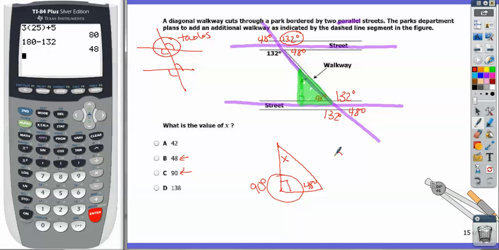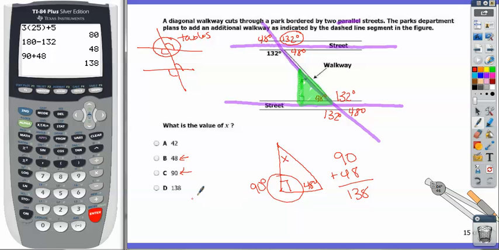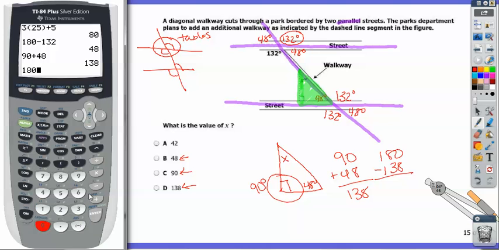Let's say 90 plus 48, and yeah, I'll put it in my calculator so you can see me do it, tells me that it's 138. Ooh, that's where they got this one. Notice they're giving us stuff that we're finding along the way. But now I'm going to take 180 and I'm going to subtract 138. And what do I get? 42.